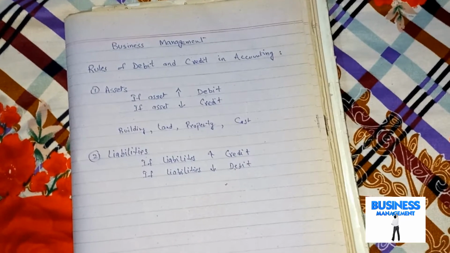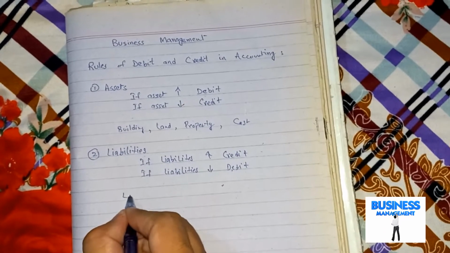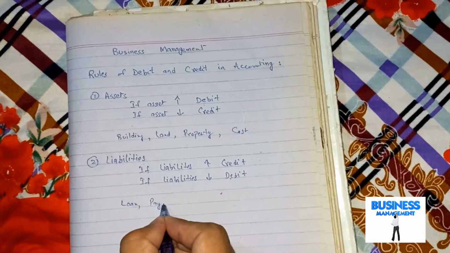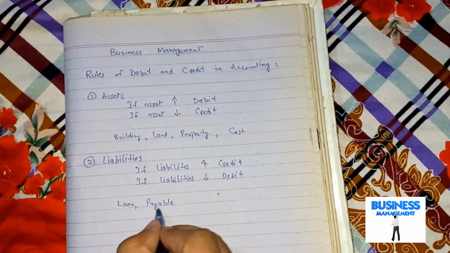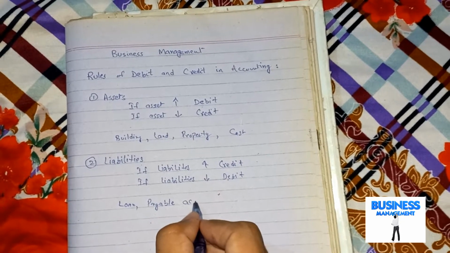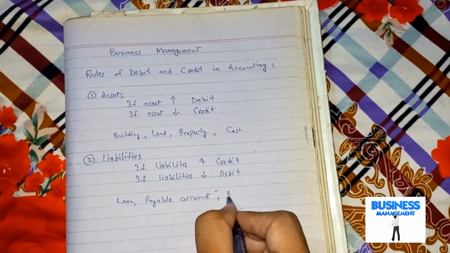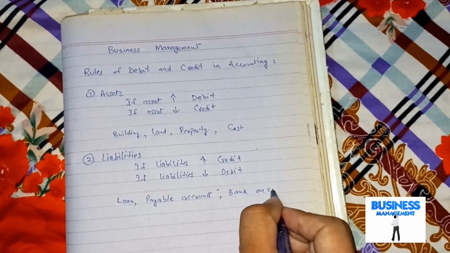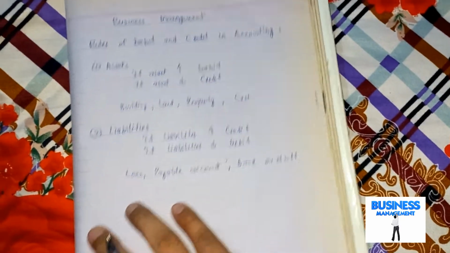So now look at the examples of the liabilities. Loan account, payable account, bank overdraft, these are some examples of the liabilities.